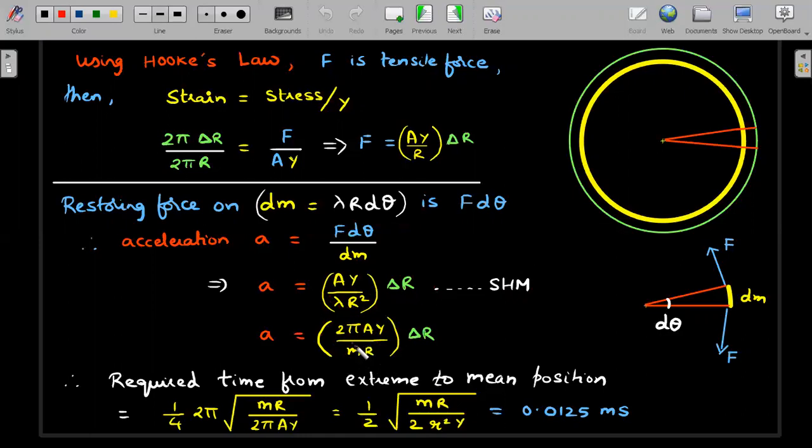So I can take a square root and do 2 pi by omega to get the time period. But time taken to come back to equilibrium from extreme is only 1/4 of the time period. So you rearrange, get the answer in terms of the given quantities, substitute everything in SI units, and you end up getting a numerical answer which is 0.0125 millisecond.